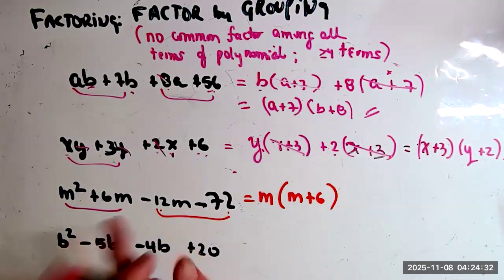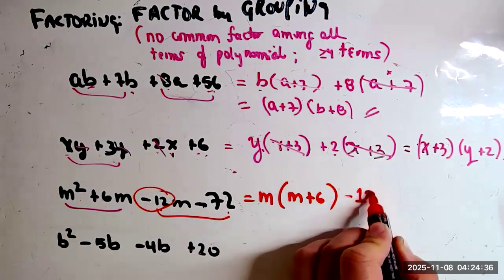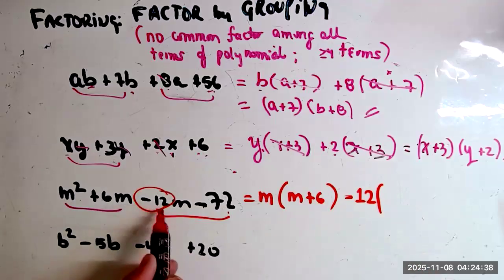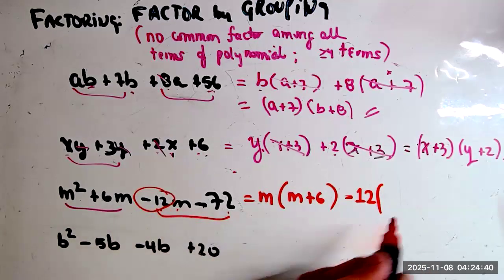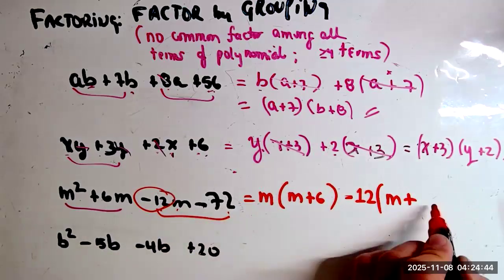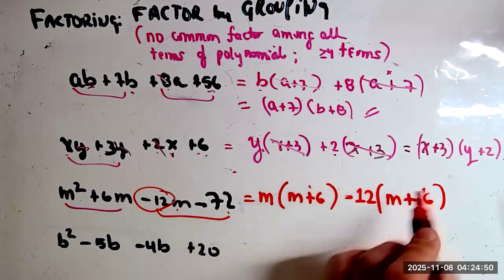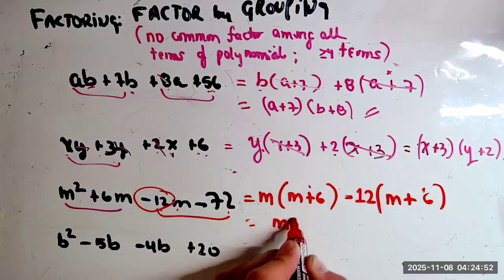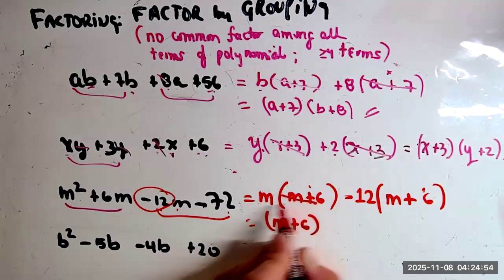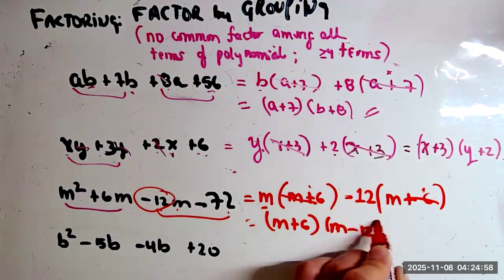We can factor out the 12, however, since the lead term is negative, factor out the negative as well. So factor out negative 12, that will be m, and the negative 12 makes this positive, that will be plus 6. And now, of course, m plus 6 is the common factor. We leave here m minus 12.